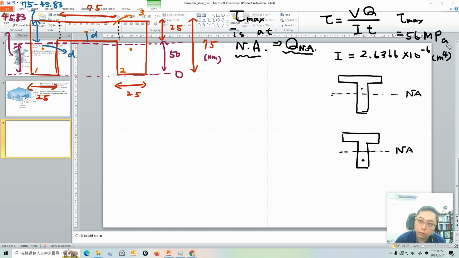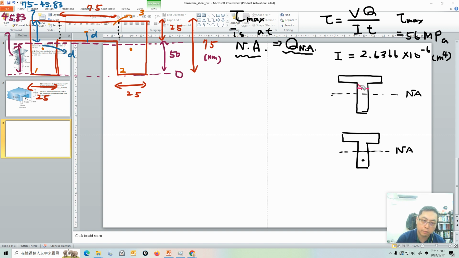If your point of interest is above the neutral axis, calculate Q above the point. If your point of interest is below the neutral axis, calculate everything below the point. For example, this point of interest is above the neutral axis, so we have to calculate the Q above the point.